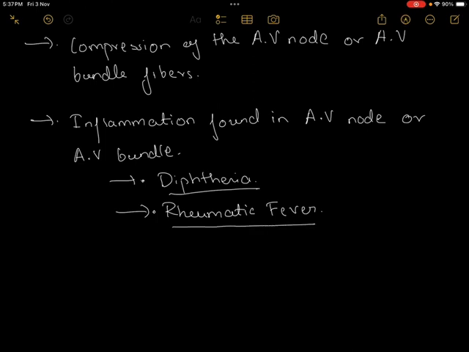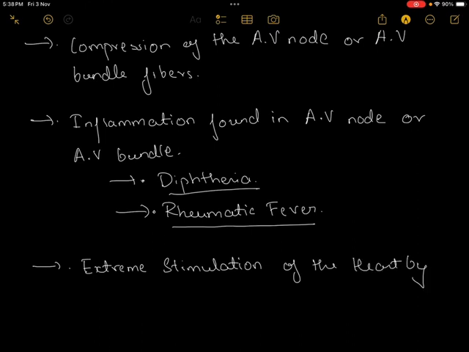Coming to the next factor, extreme stimulation of the heart by the vagus nerve.